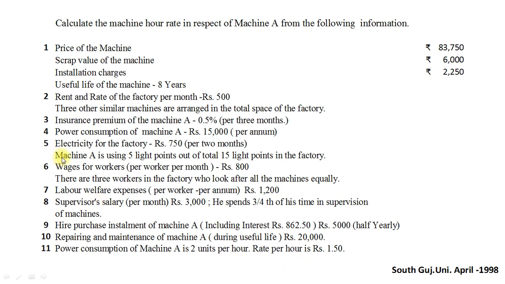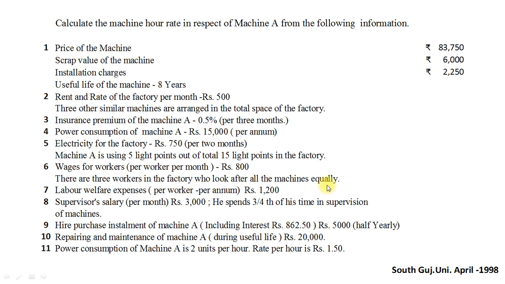And as per information number 4, power consumption of machine A is rupees 15,000 per annum. So our machine working hours per annum would be rupees 15,000 divided by power cost per hour rupees 3. So it would be 5,000 working hours of machine A in a year.